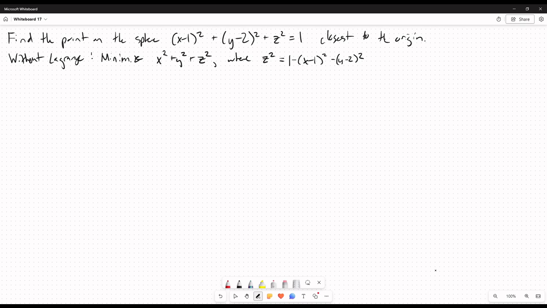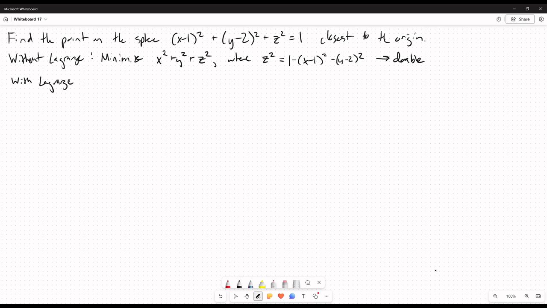And that's doable. It's especially doable because z squared is by itself. If I didn't have z squared by itself, this would get a lot harder. But with Lagrange, we'll see an approach that generalizes a bit better.